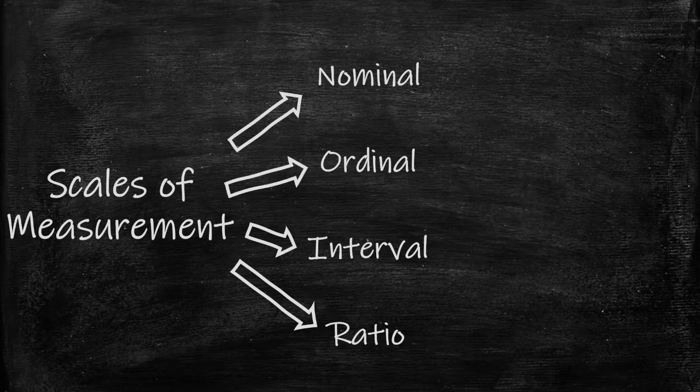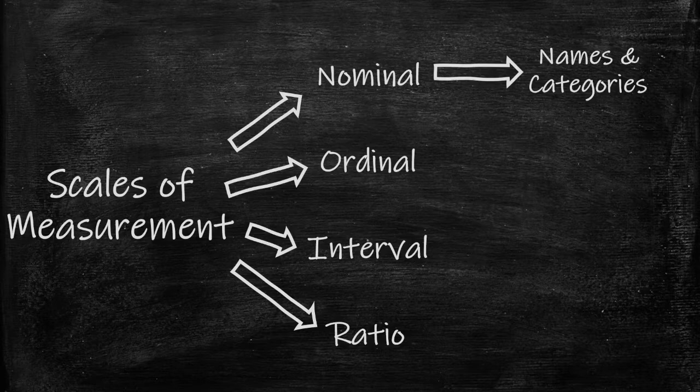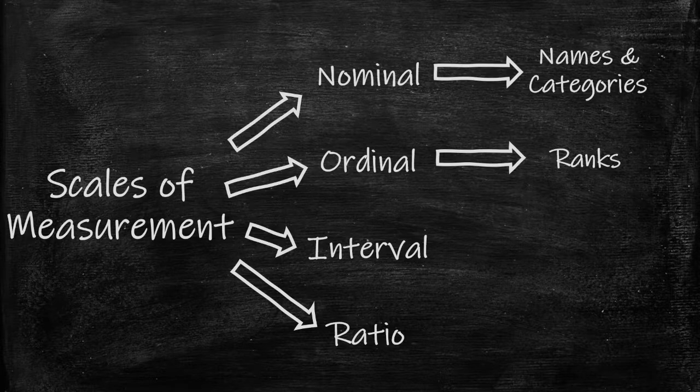So, to sum up, when we're talking nominal data, all it is is names and categories. Republican, Democrat, Libertarian, Green Party, so on and so forth. Just names and categories. Ordinal, we're talking ranked data. We know which has the most and we know which has the least, but we don't exactly know how big the difference is between the most and the least.